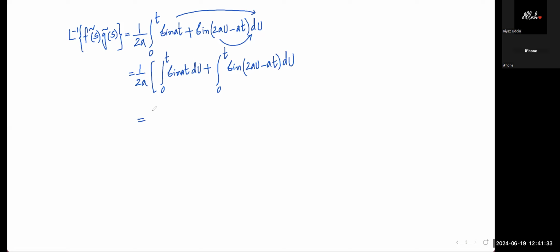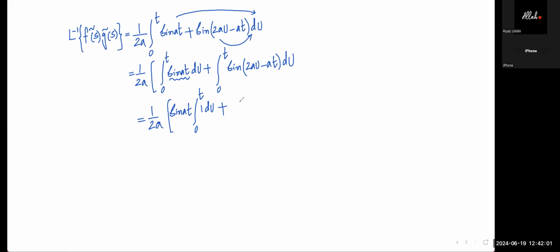Now this is 1 by 2 into, here you see sin at is a constant term because we are integrating with respect to u, so we take it outside. Sin at is outside, integral 0 to t of 1 du, nothing left out there, plus here there is a variable. What is the integration of sin?